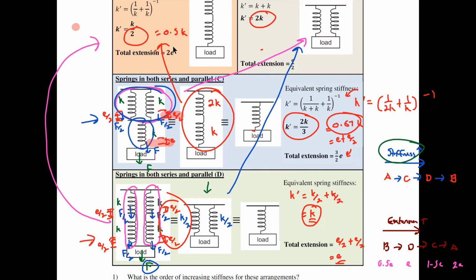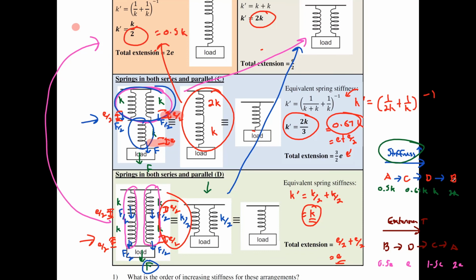Sorry, I made a mistake just now. This one was 0.5K. This one is 0.67K. D is just K. B is 2K. All right, so this is the correct one.